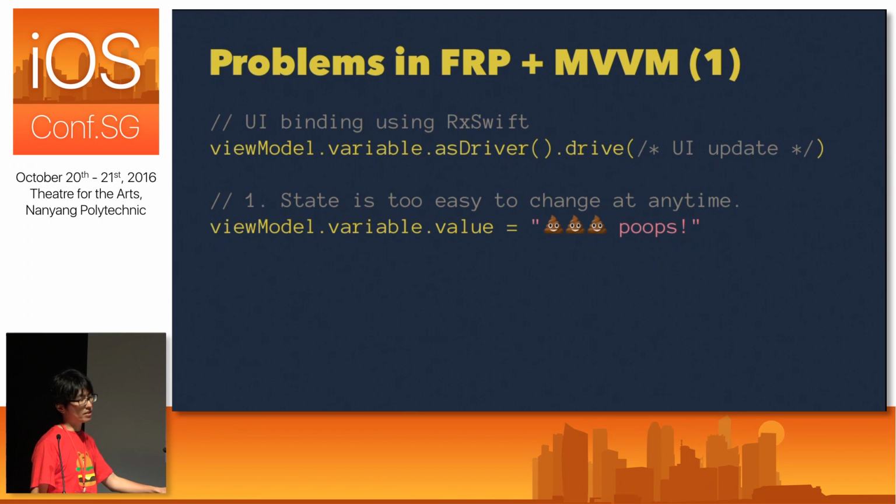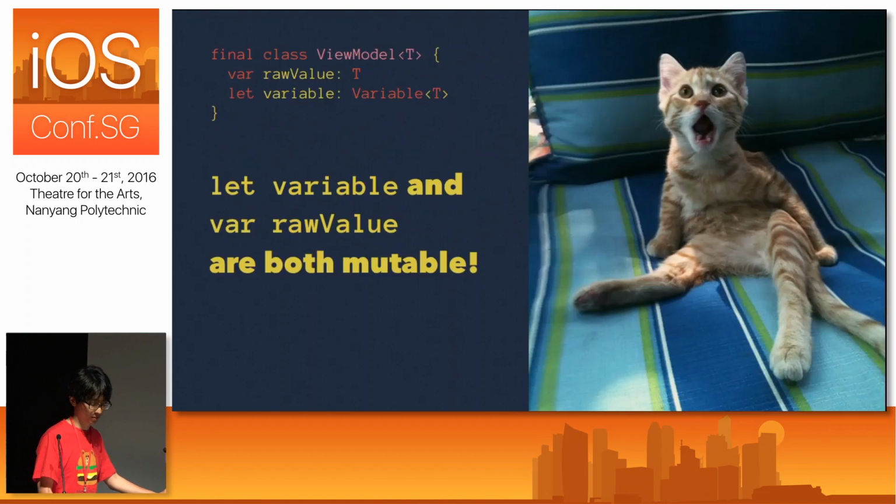Normally, we should never write this kind of code, but we all make mistakes, especially when we are working with a team. And in most cases, the problem can be discovered only at runtime. So that means the variable actually has an internal value in it. It's too easy to get mutated. And it's not so different from var rawValue. We don't like var, right?